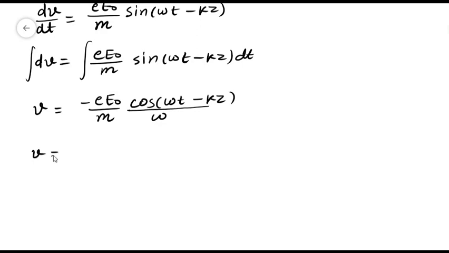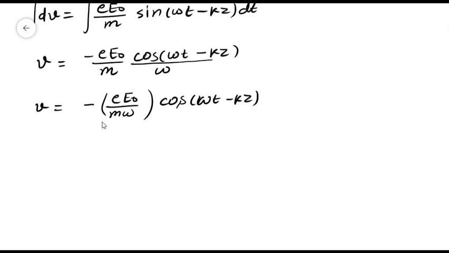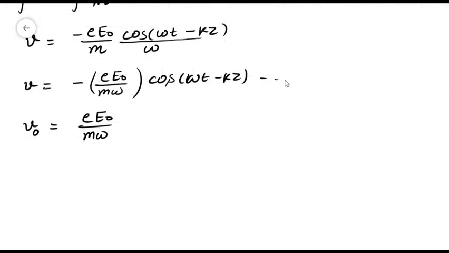So v equals minus E naught e divided by m omega cosine(omega t minus kz). From this expression, we see that the amplitude of velocity can be written as v naught equals e E naught divided by m omega. Let's say this is equation number 1.